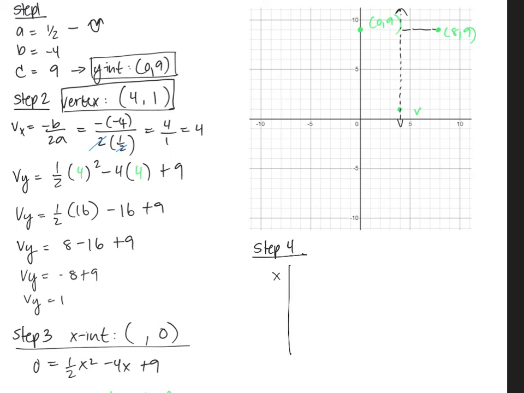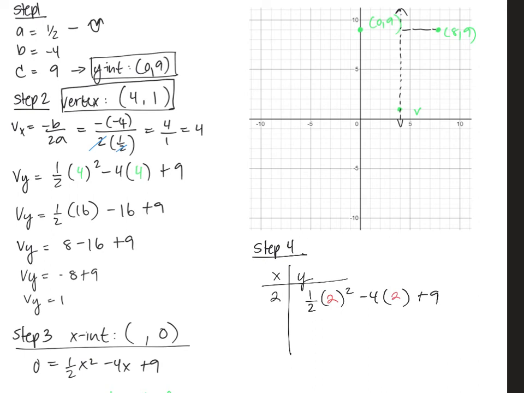Alright, so we have x and y. I'm going to pick an x value to plug in and solve for y. Let's go ahead and pick x equal to 2. I'm picking this number because I'm going to be multiplying by a half, and I know 2 works well with that. So remember the equation for y was half x squared, and I picked x equal to 2, minus 4 times my x value, which I picked to be 2, plus 9.